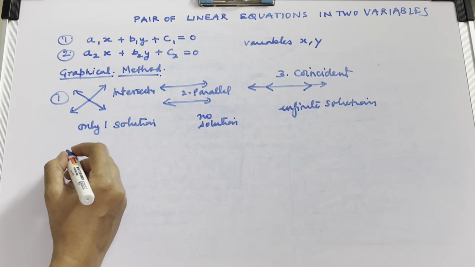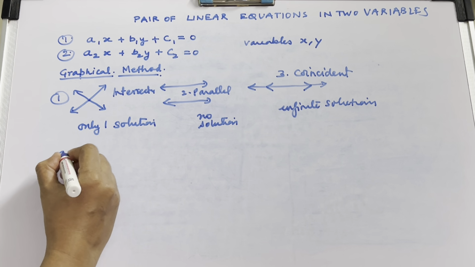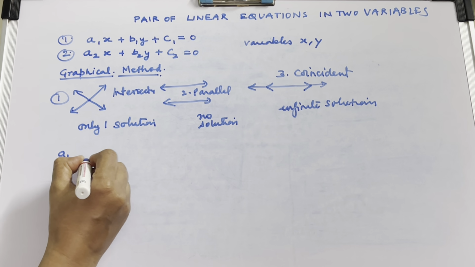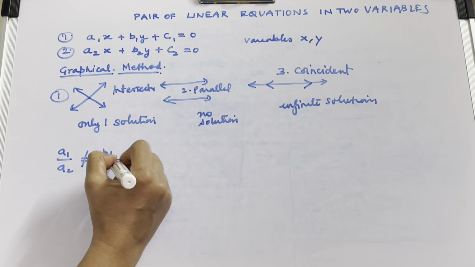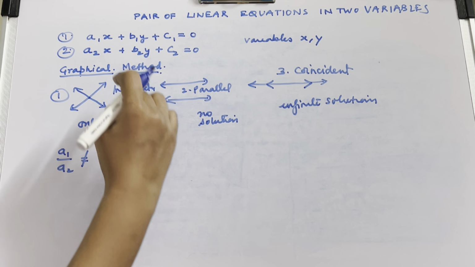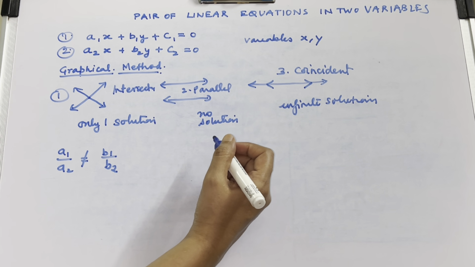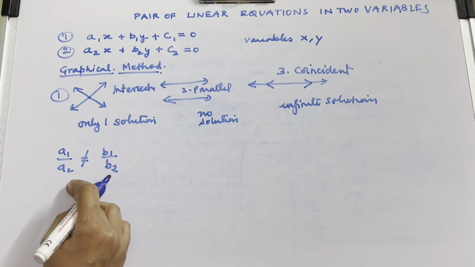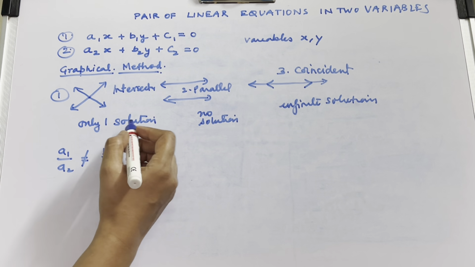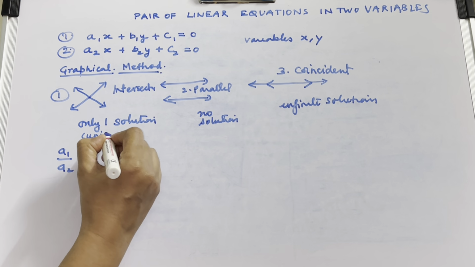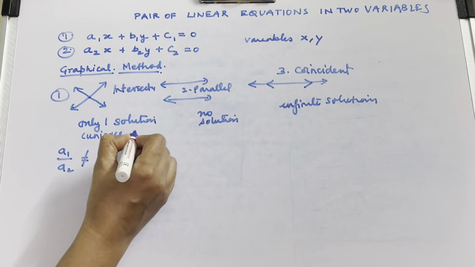If the lines are intersecting, then a1 upon a2 will not be equal to b1 upon b2. These are the coefficients as you can see here. So, for intersecting lines, a1 by a2 is not equal to b1 by b2. Only one solution, we also refer to it as a unique solution.